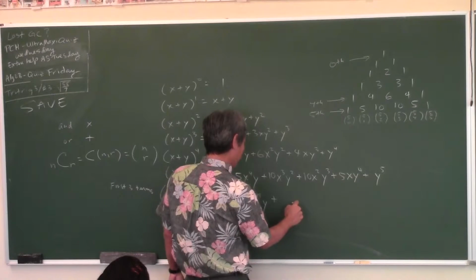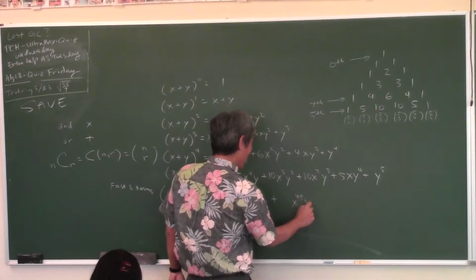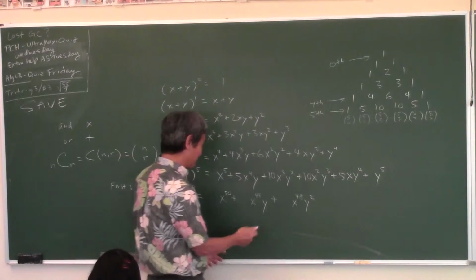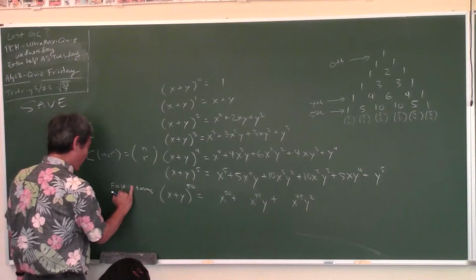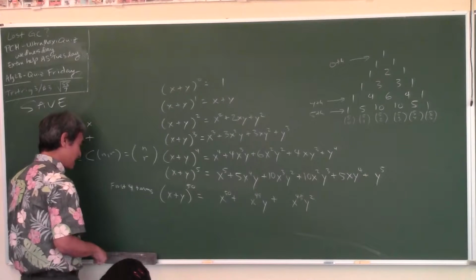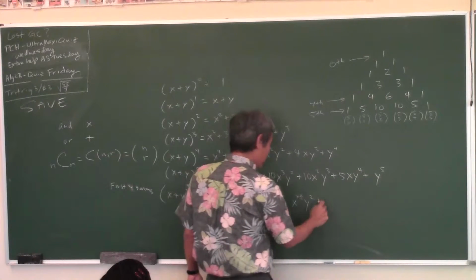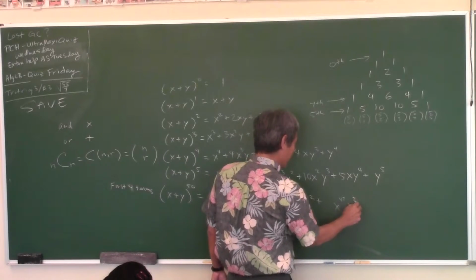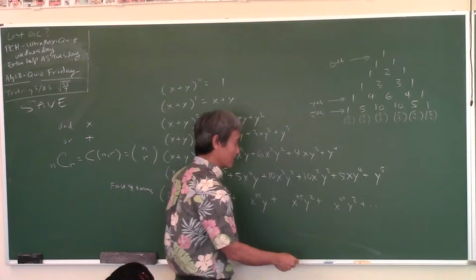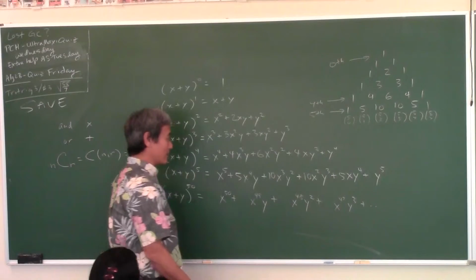Something times x to the 48, y squared, right? Those are just the first 3 terms, that's all I'm asking for. You know what? I'm going to ask for the first 4 just for that. So the next one's going to be something times x to the 47 y cubed. Okay, that's the first 4 terms. That's all I want because, like I said, 51 terms is unreasonable.